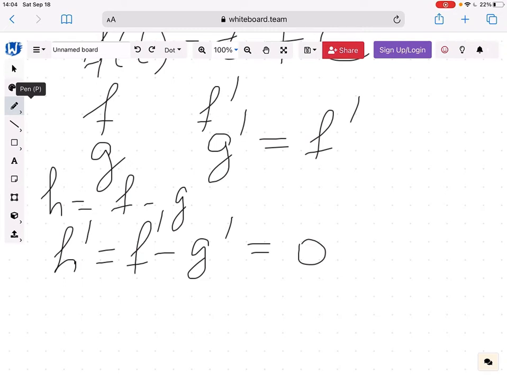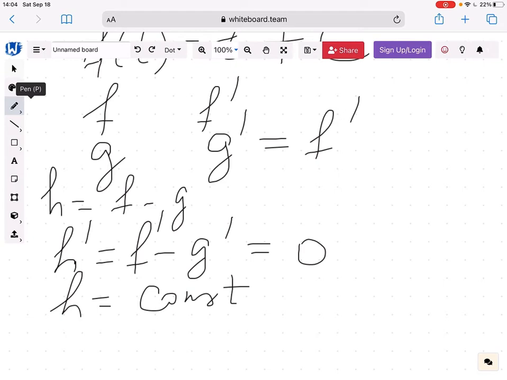Well, if you remember, we talked about the meaning of the derivative. We said the meaning of the derivative is the rate of change of a function. Well, if the rate of change of a function is 0, it means the function does not change. It means this h is constant. It could be any constant you want, but it's a constant.